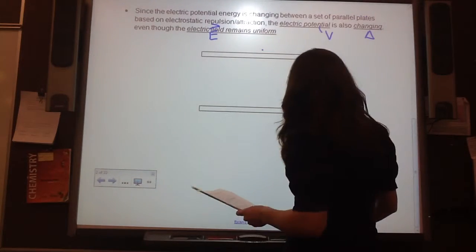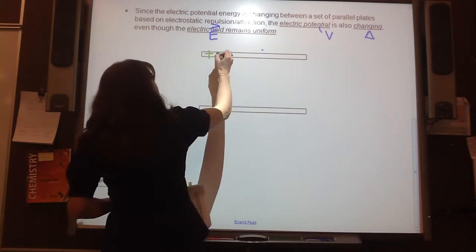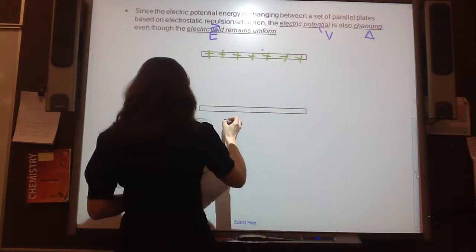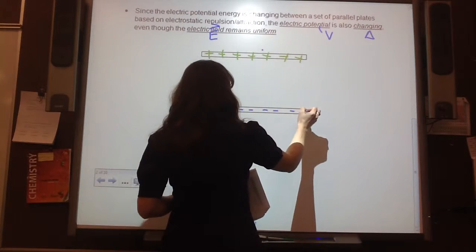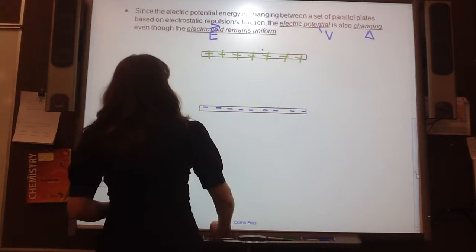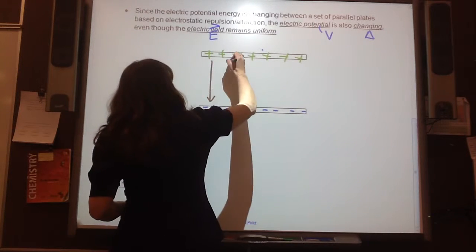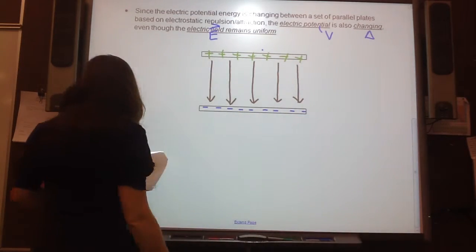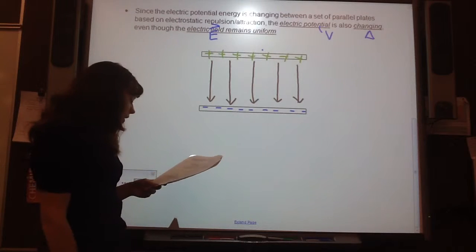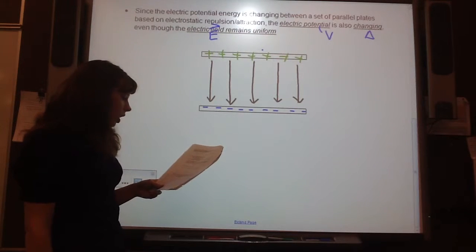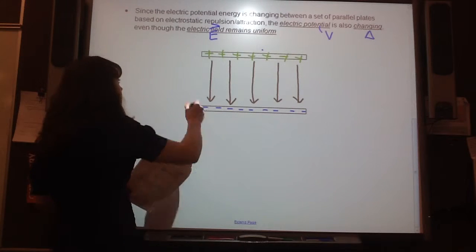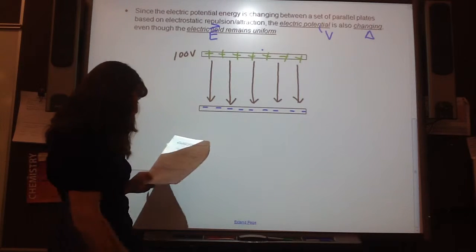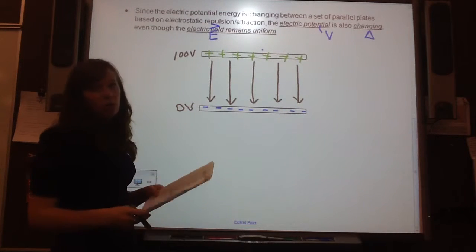So say we have a plate again. We have positive. We have negative. Our electric field is going this way. Now, let's say here we have 100 volts. That's the electric potential. At this point, there would be 0 volts.